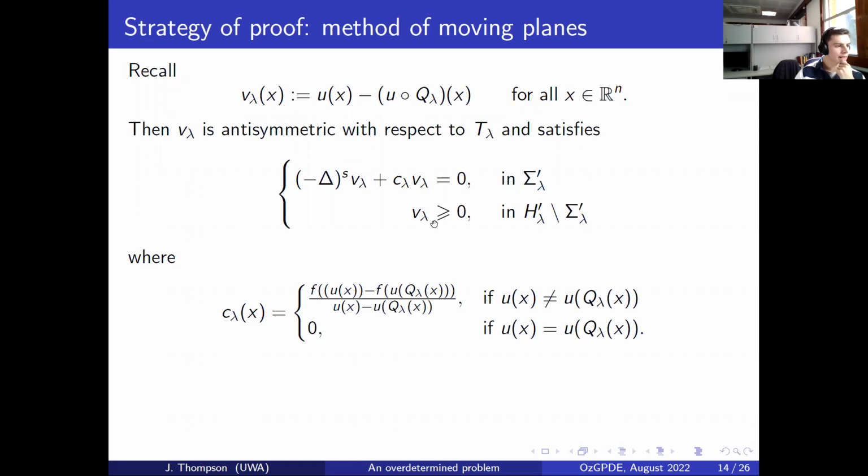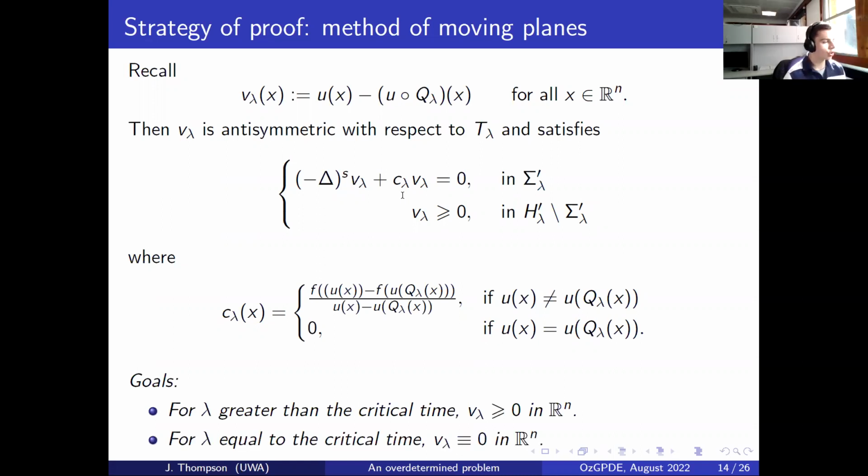Now you can see v lambda is non-negative in the left-hand half plane minus the left-hand part of the reflected part of omega. And this is where the maximum principle is going to come in. So if we don't assume that u is non-negative, we no longer have this condition. And so then we don't have the maximum principle anymore.